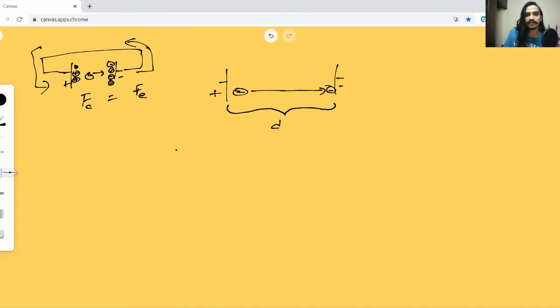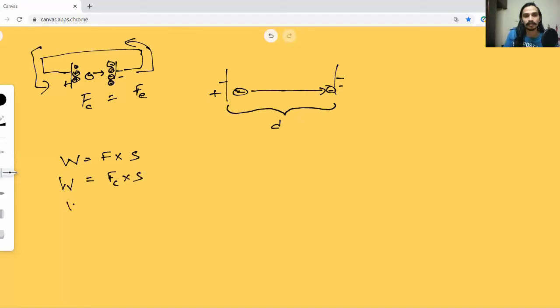If I have to calculate the work done there, work done is nothing but force into displacement, as we had learned previously. This force is nothing but the chemical force, which we already spoke of inside the battery, which splits the positive and negative ions apart. So this work is nothing but Fc into displacement.